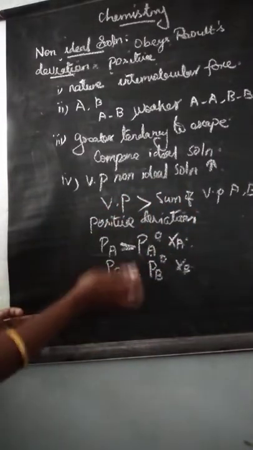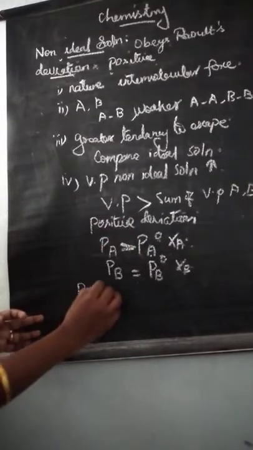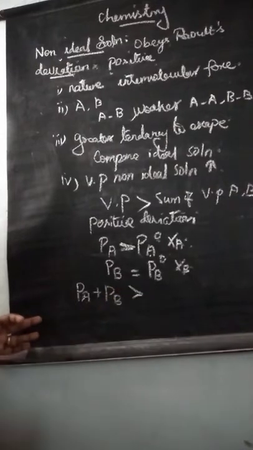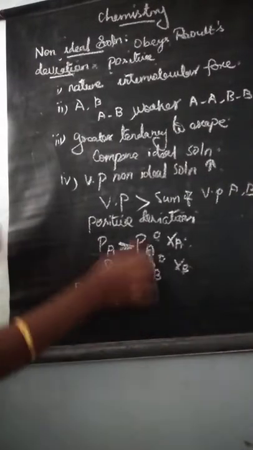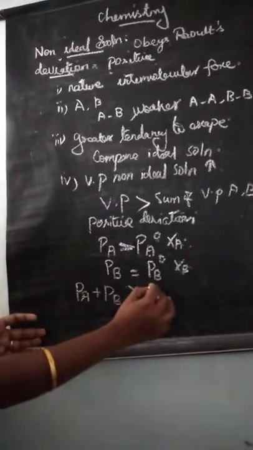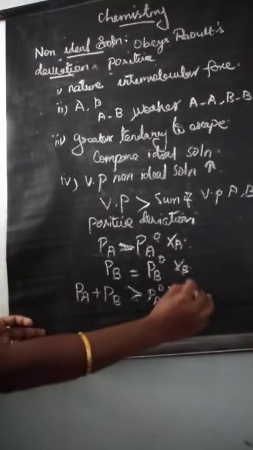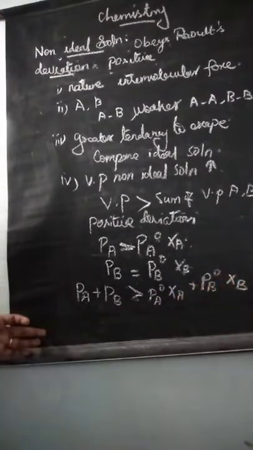So how can we take the sum of these two? We add the vapor pressures PA plus PB. PA plus PB is greater than the sum of these two values, PA naught into XA plus PB naught into XB. You get the total formula PA plus PB, which we write as P total. P total is greater than PA naught into XA plus PB naught into XB. Understand?